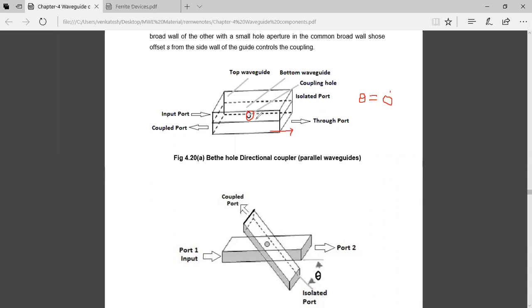In this case, to get perfect matching or perfect coupling from one port to the other, we need to move this hole offside.